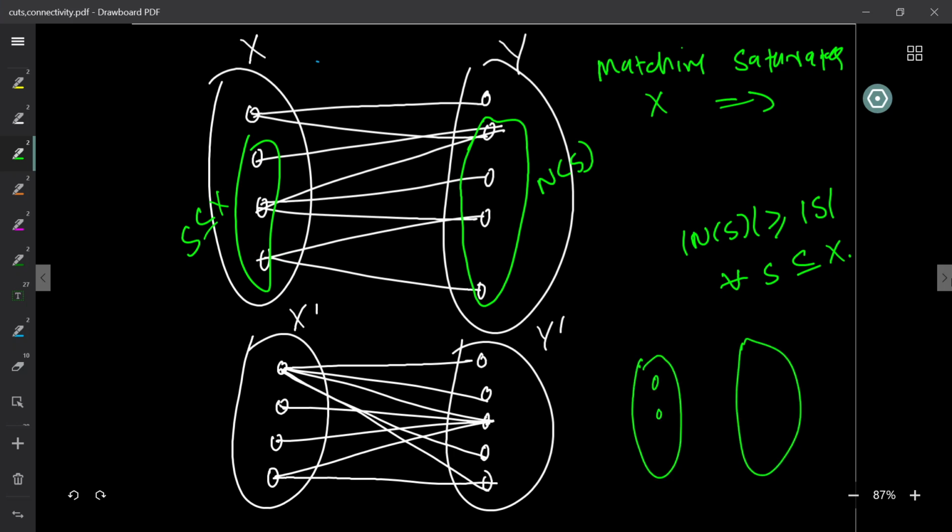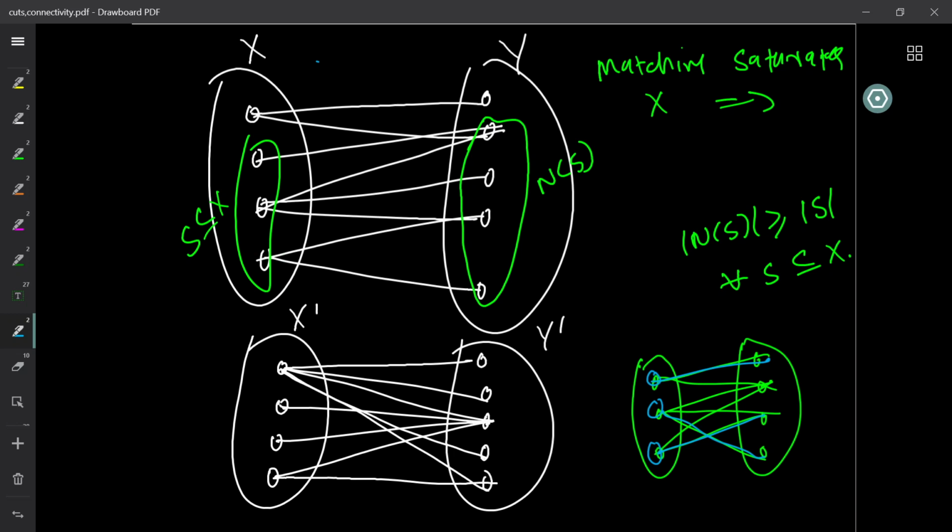You have some matching which saturates all the vertices of, let's say, X. If I select this matching, then all the vertices are saturated.